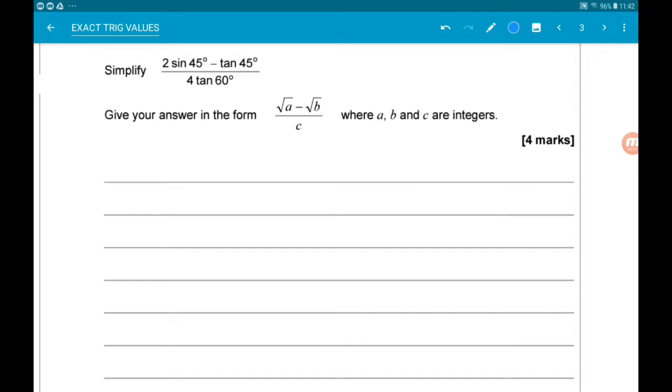So, sine 45 is root 2 over 2. Tan of 45 is the nice one, it's 1. And tan of 60, we just saw, is root 3.